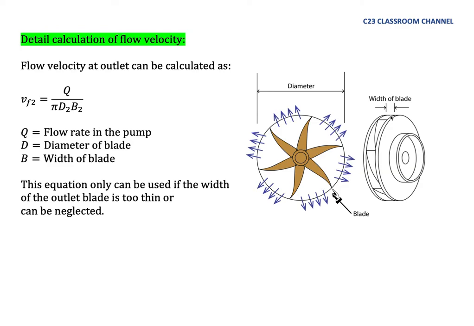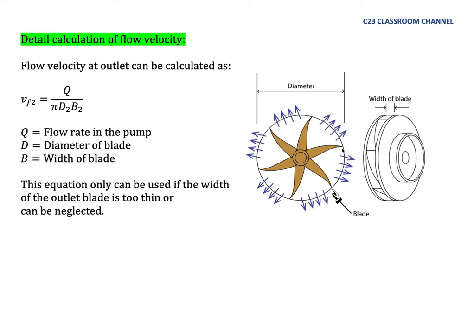So it becomes 2 pi r times the width of blade, or we could write pi d, meaning the perimeter of the impeller, and b is the width of this impeller. So pi d and b give us the area of this section, because water will flow out through this area.